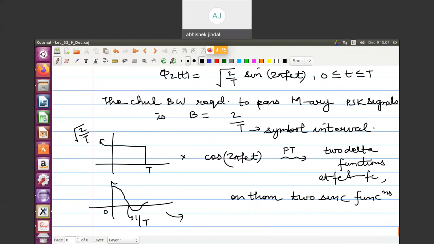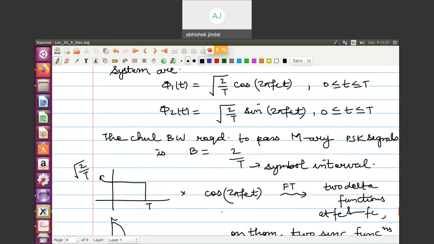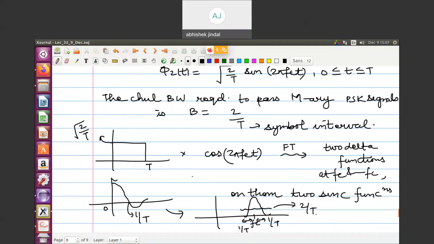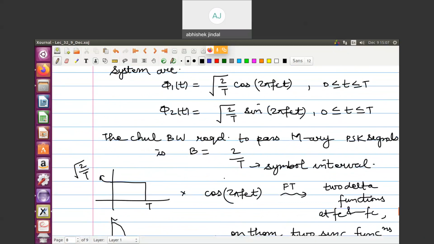And now suppose this gets shifted to some fc. So this is 1 by T and this is 1 by T. So the net will be 2 by T. Okay. So that is what we have written. So the bandwidth required to pass this basis function phi 1t is 2 by T, and the same follows for phi 2t. So both are orthogonal, but they are consuming the bandwidth of 2 by T only.